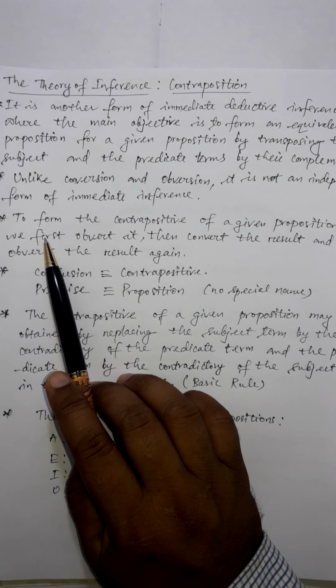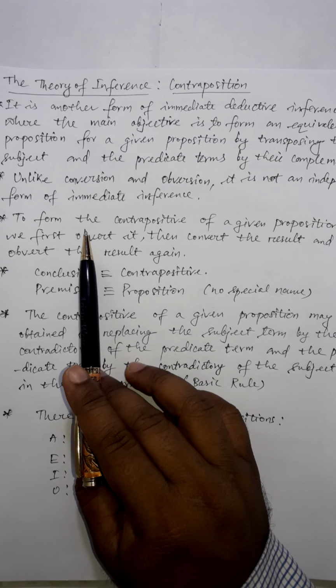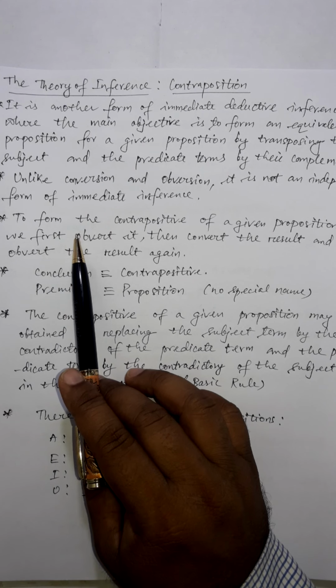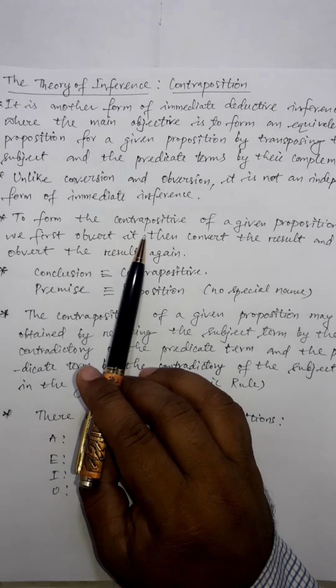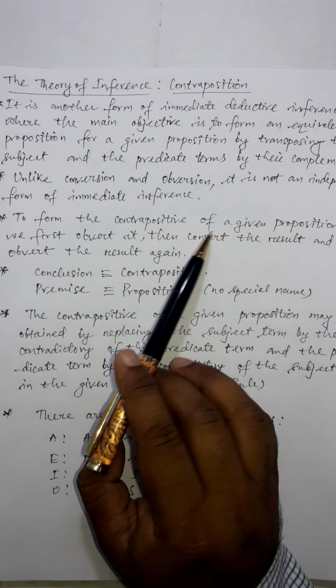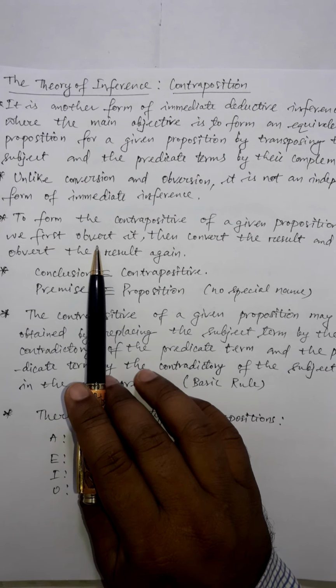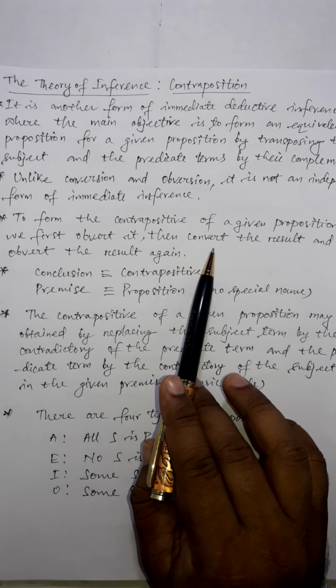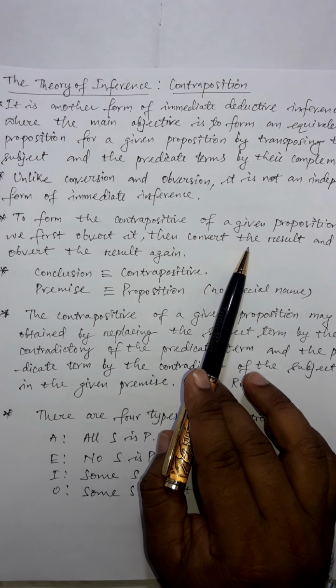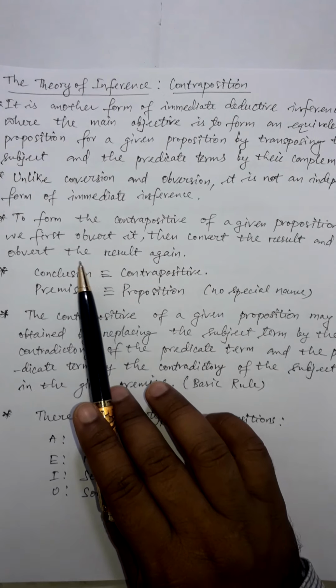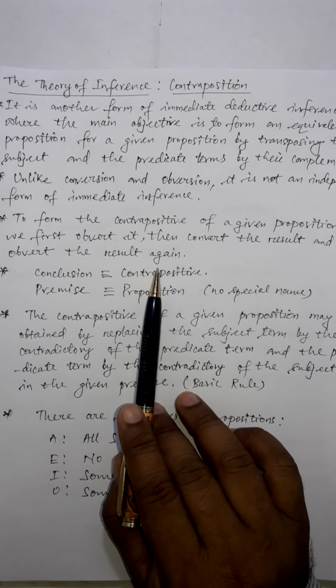So, how to form the contraposition, or how to get the contrapositive of a given proposition? To form the contrapositive of a given proposition, we first obvert it, then convert it, and at the end we again obvert the result.